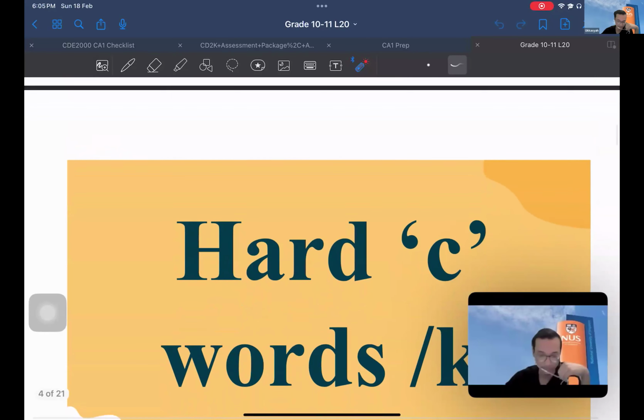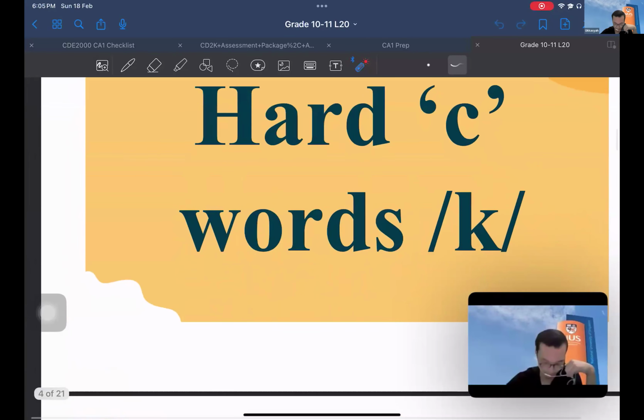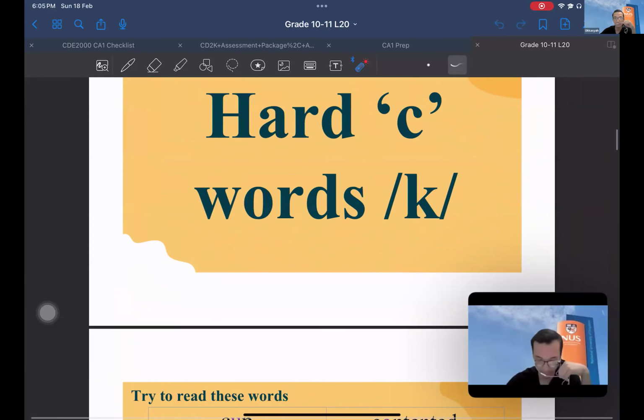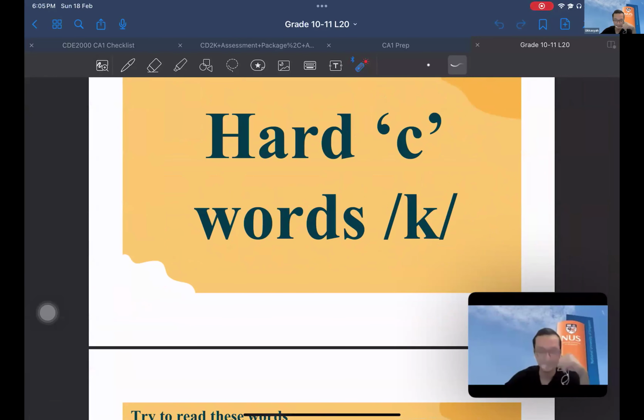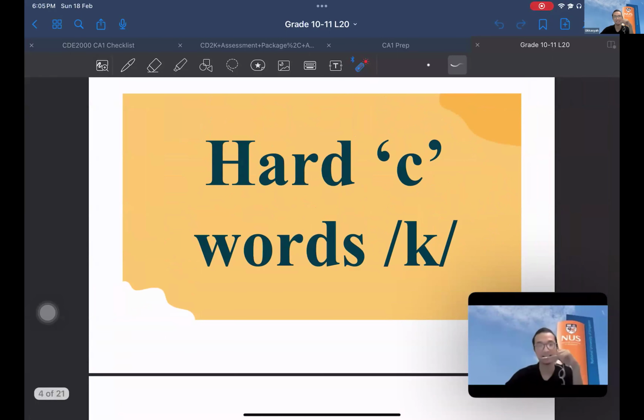Moving on to the lesson for today, we'll be learning hard C words.